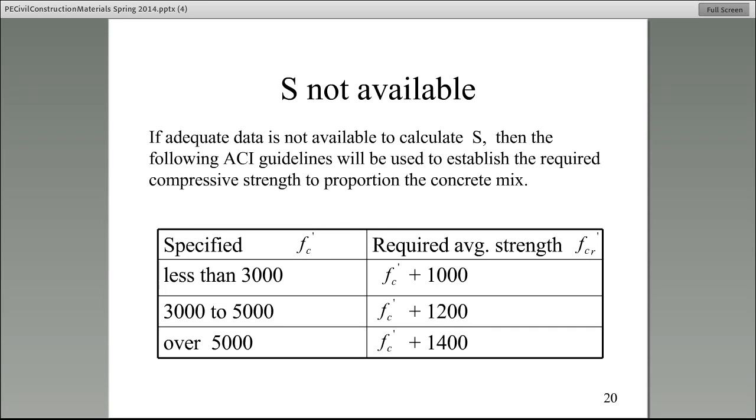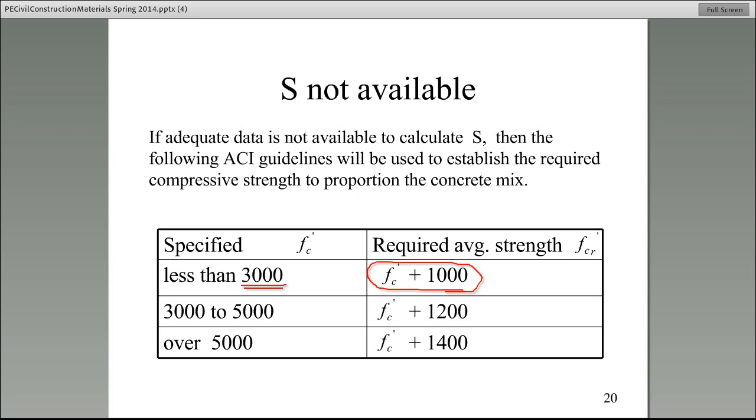So here, if the concrete that you're designing has a strength less than 3,000 psi, then what you will have to do is add 1,000 to it, which means you will order a concrete mix that has 4,000 psi strength.